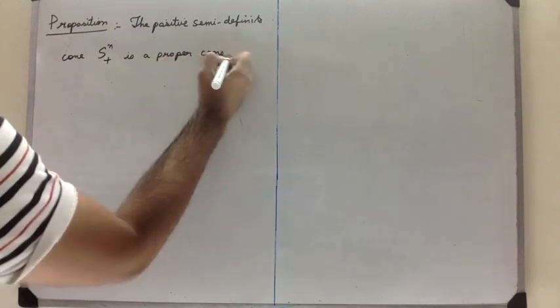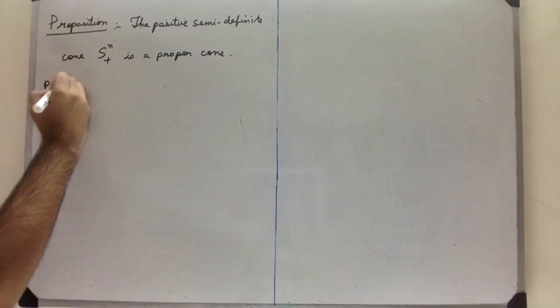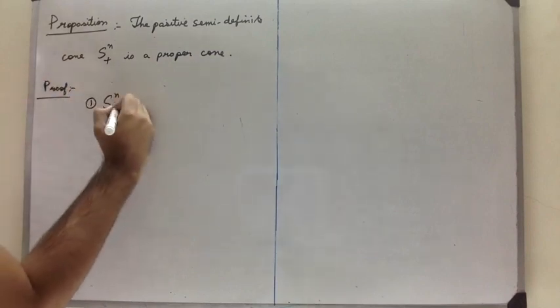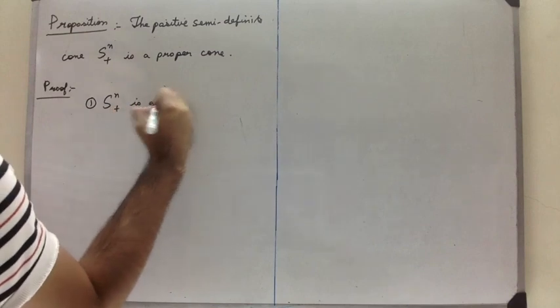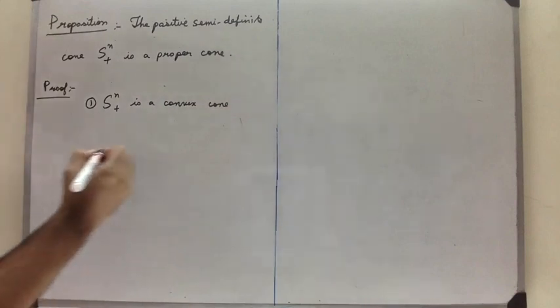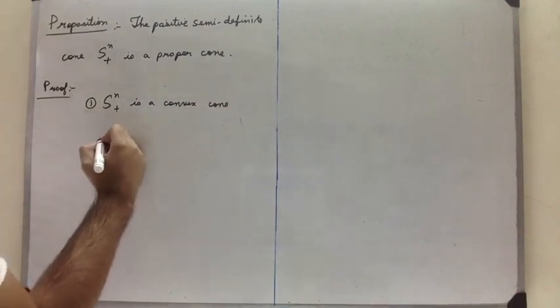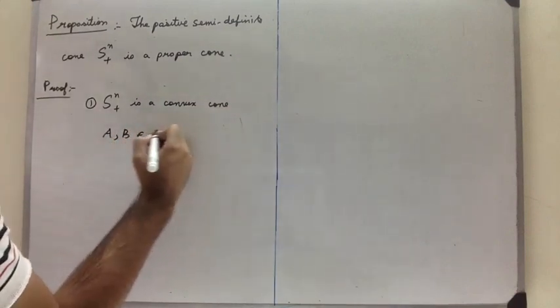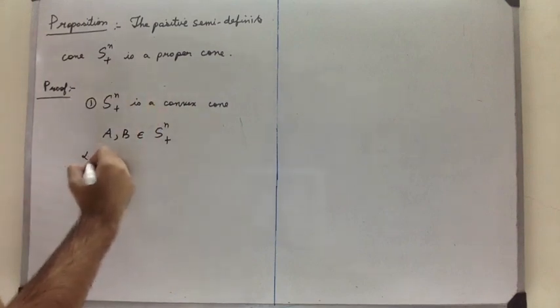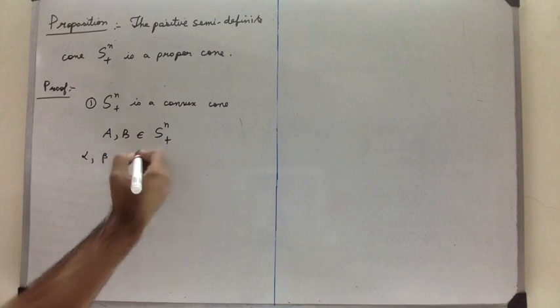In order to prove this, we need to prove three statements. First of all, S^n_+ is a convex cone. This can be proved easily. Suppose A, B were elements of S^n_+, and take any alpha, beta greater than or equal to 0.